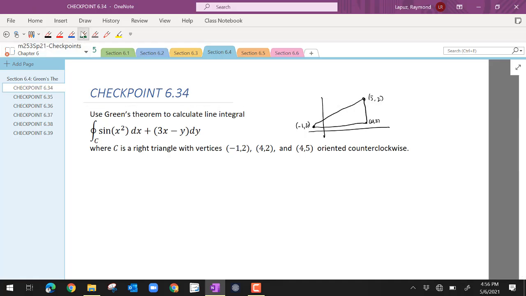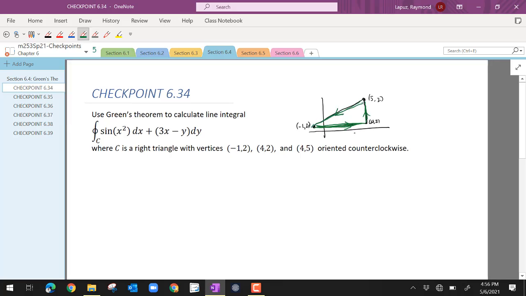They give us an orientation, which is counterclockwise. This is a very nice setup for Green's theorem, because instead of doing C1, C2, and C3, three line integrals, which is what we would have to do if we did this directly, we can simply use Green's theorem.